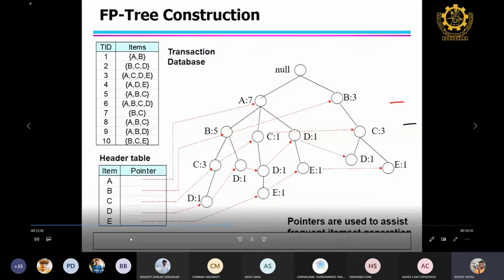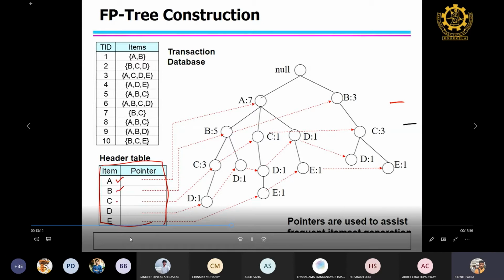Now what we'll do next is learn how to evaluate the association rule. So we got this tree, right? An extra thing is there: the header table, and the header table consists of the item set.